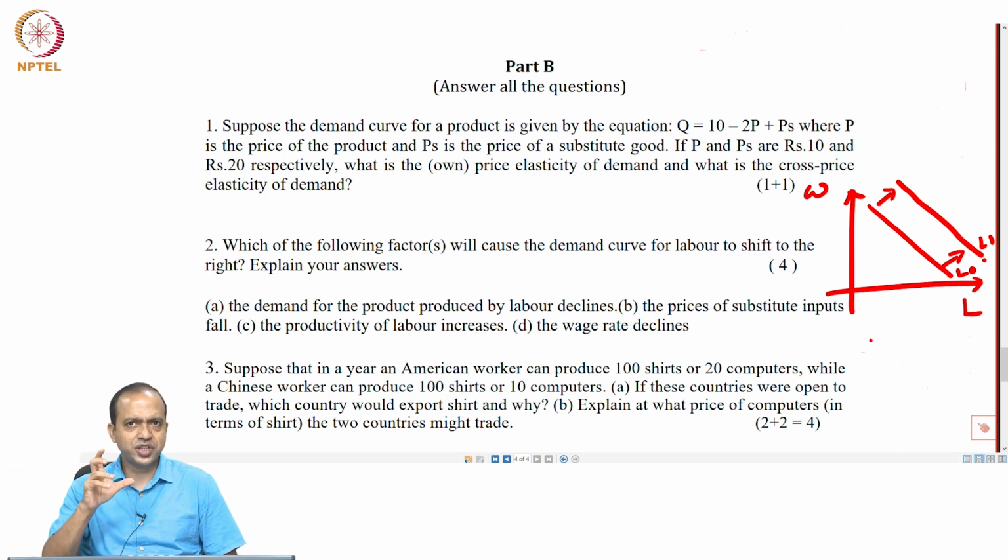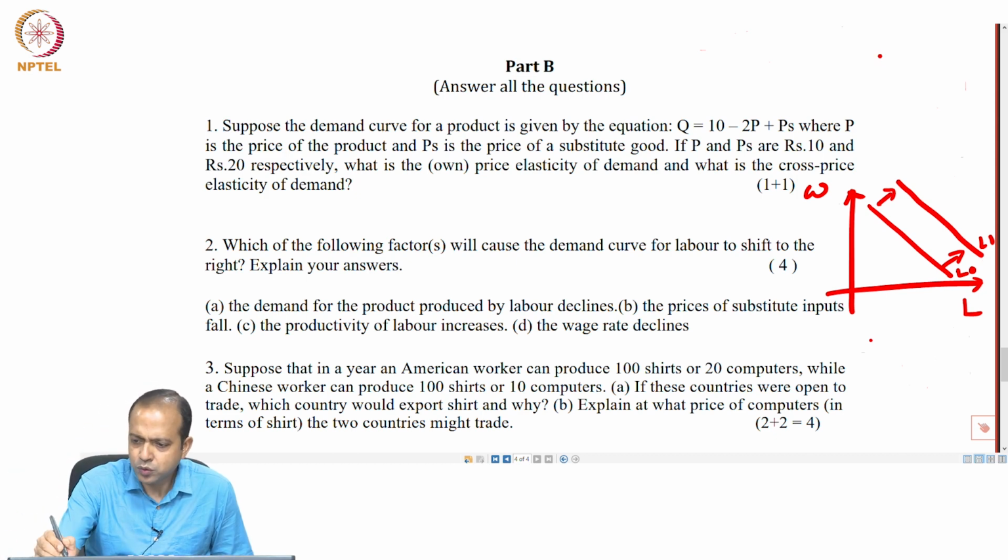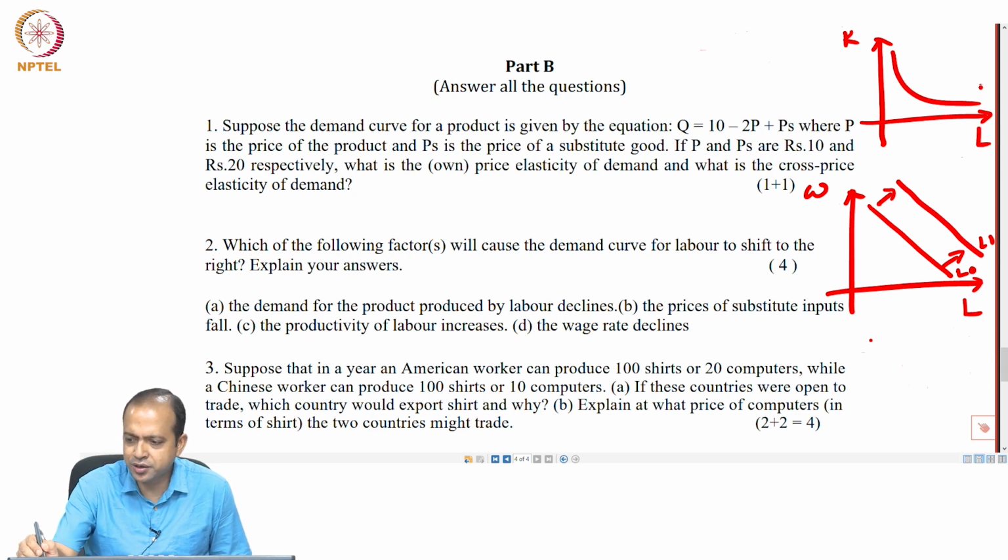My output remains the same. If you recall the concept of isoquant which we have talked about, you have capital here and you have labor here, and this is the isoquant, and we said that along the isoquant the output is the same. So, the producer has different input combinations that can be used.